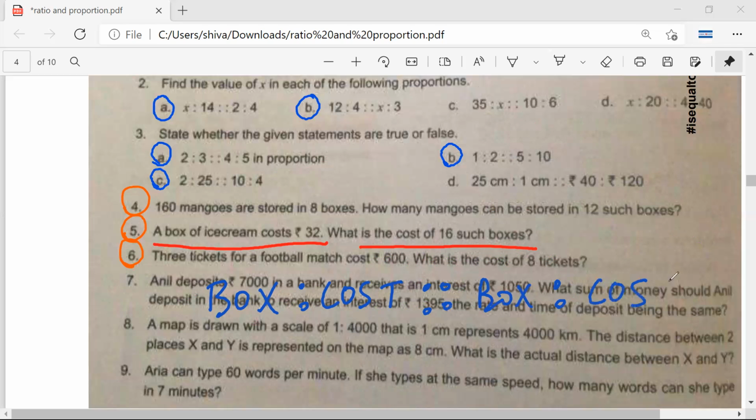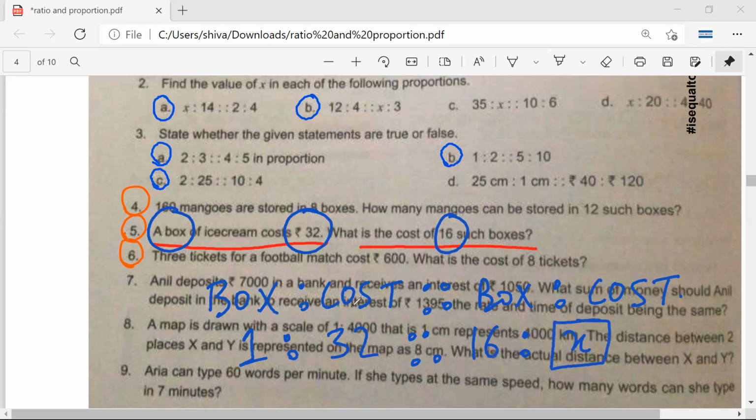Satya, any doubt? No. So a box means one box costs 32. This should be 32, and the proportion should be the same. For 16 such boxes, I should write 16 here, and I need to find the x. Mr. Satya, are you getting confused?